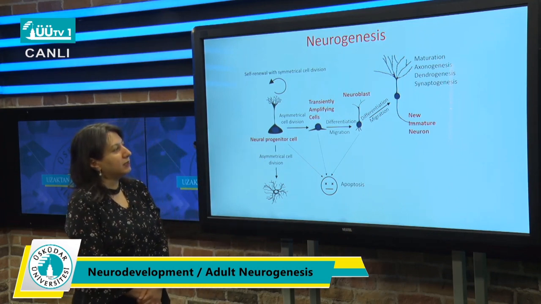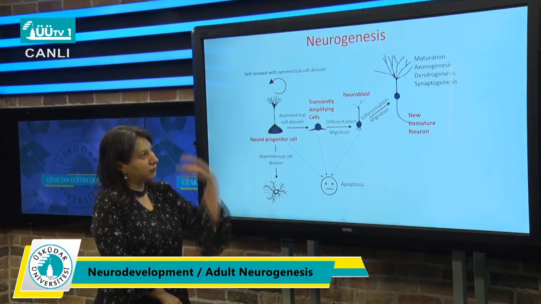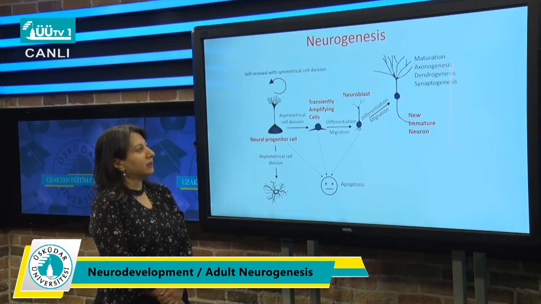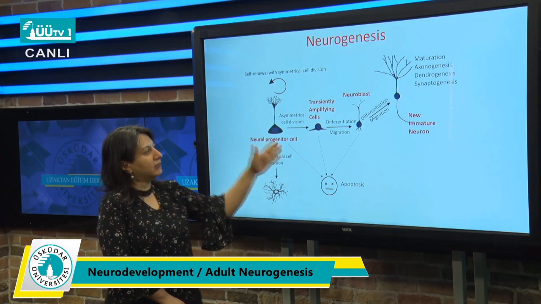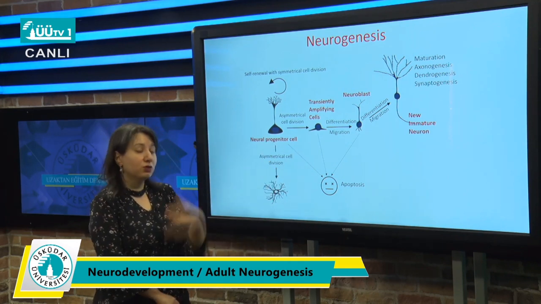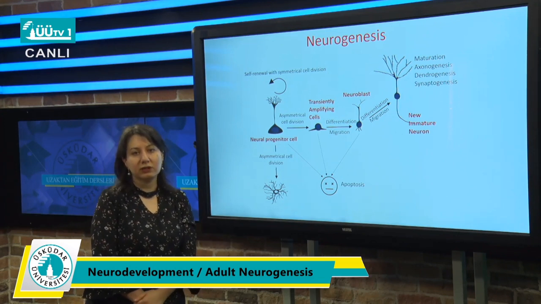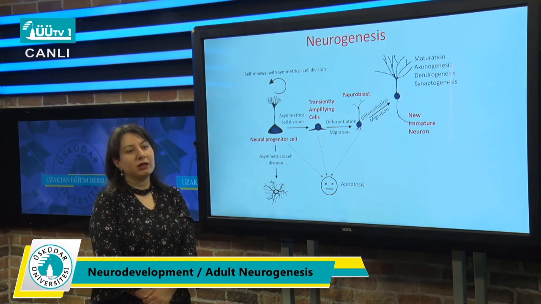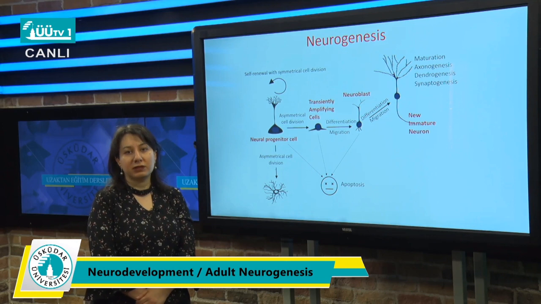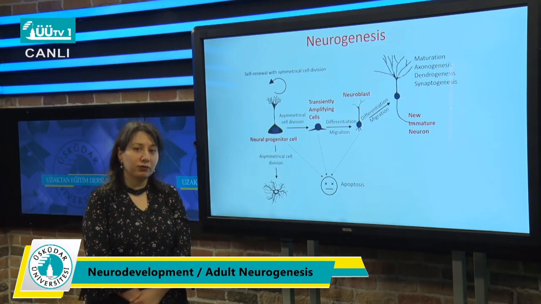The next step in the differentiation process following the major neuron is the neuroblast. And as we see differentiation at each of these steps, we can also say that, as we saw earlier, with each differentiation, these neural progenitor cells become more specialized, so they will lose their self-renewal capacity a little bit, and also they will become less potent in terms of differentiation.